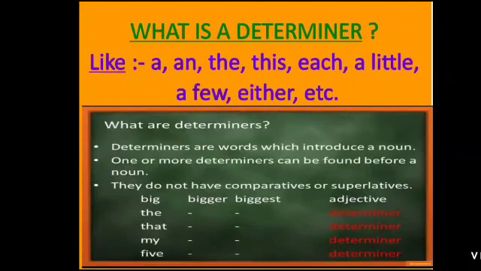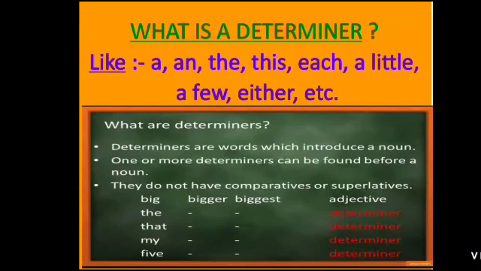So these determiners are called noun markers because they are specifically placed before a singular noun. A singular noun needs a determiner, but in the case of plural nouns, it becomes optional. So, hence we conclude with the meaning of determiner, that is, determiners are words placed before a noun to indicate what the noun refers to.